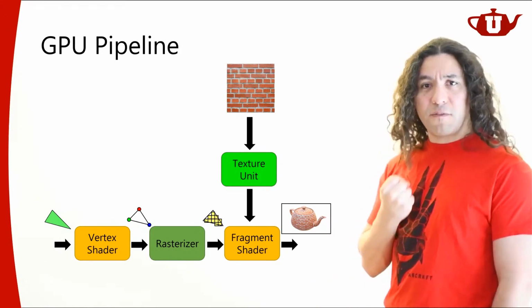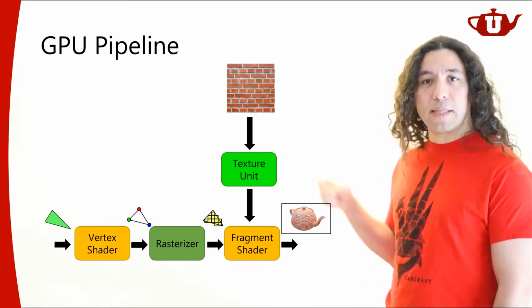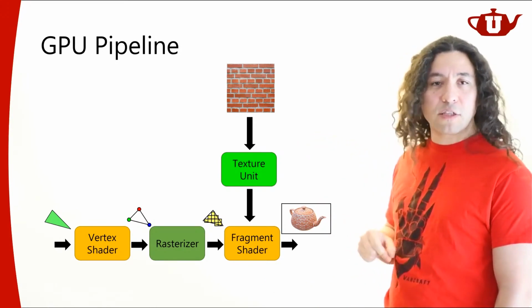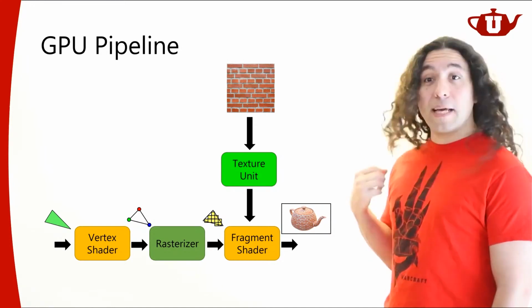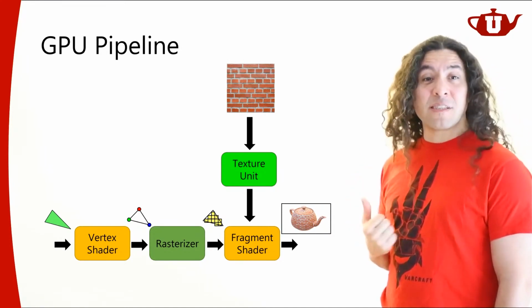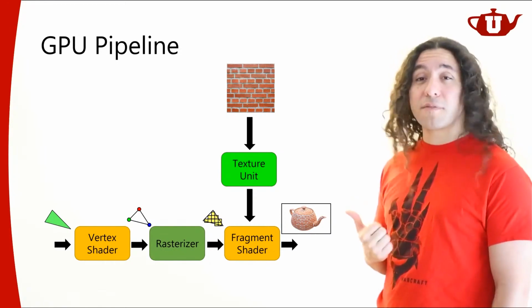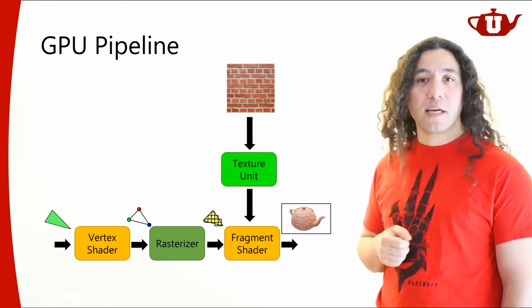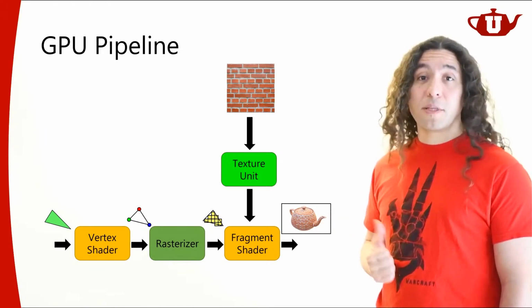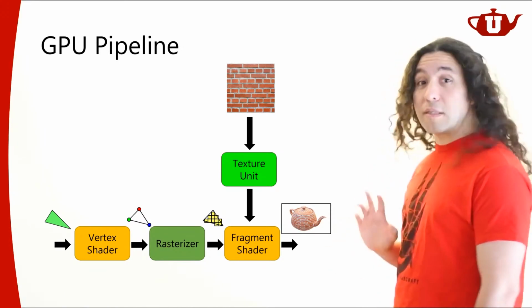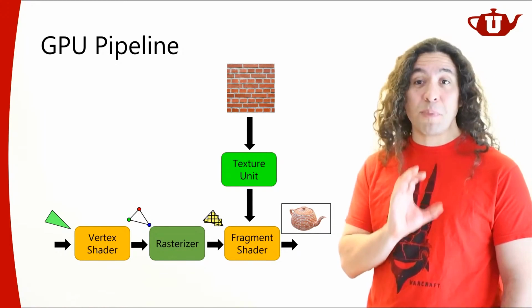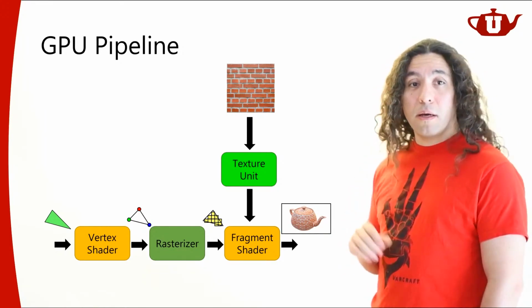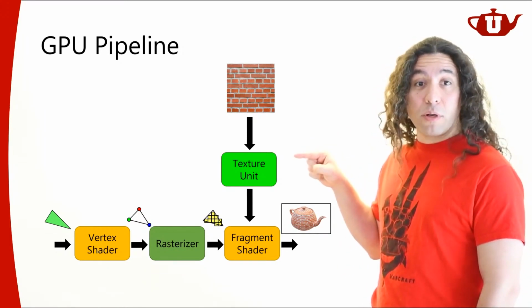I have this physical optimized hardware unit that will do the texture filtering for me, and that's going to be a lot more efficient. And the efficiency is very important, because a lot of times the cost of processing textures or sampling textures will determine your rendering speed. A lot of times that's going to be one of the most expensive parts of rendering. So it's very, very important.